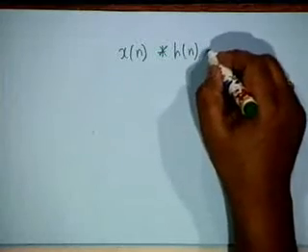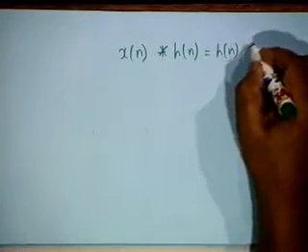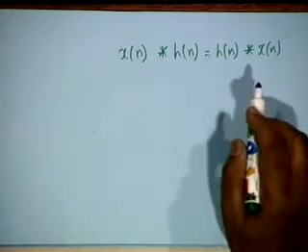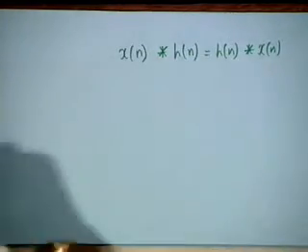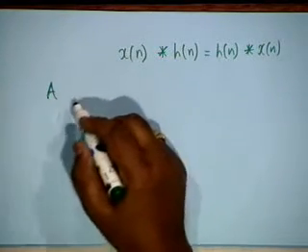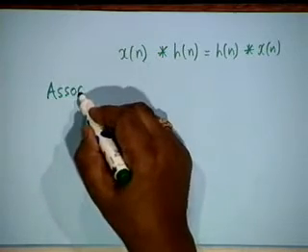We have already proved that convolution is commutative, that is x of n star h of n is the same as h of n star x of n. By applying the definition, you can very easily show that the convolution operation is also associative.